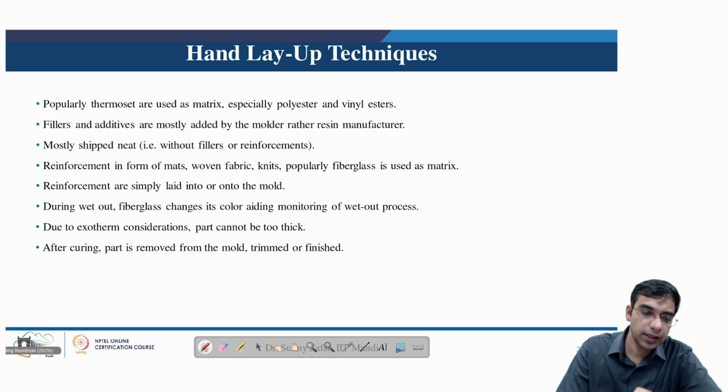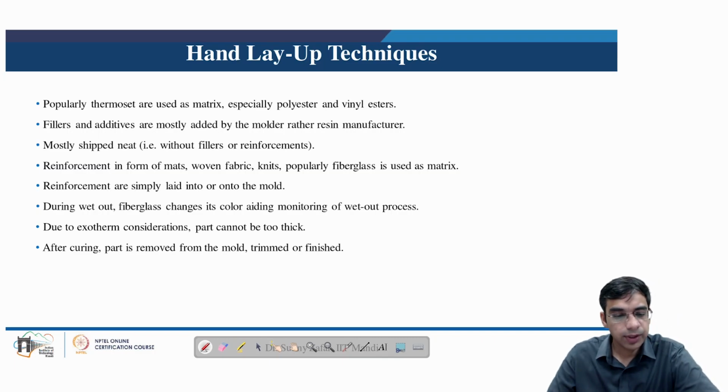So if we look at the other details, popularly thermosets are used as matrix, such as polyester or vinyl esters. Fillers and additives may be added into the mold by the molder or by the resin manufacturer, and they are mostly shipped neat, without fillers or reinforcement.